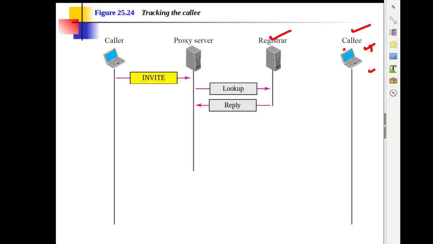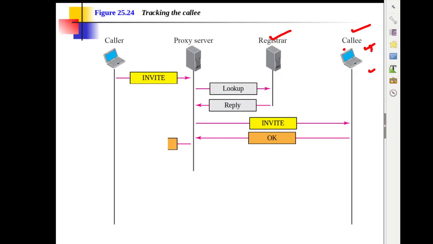the proxy server sends an invite message to the callee, and then the callee gives an OK message. This is given back to the caller.